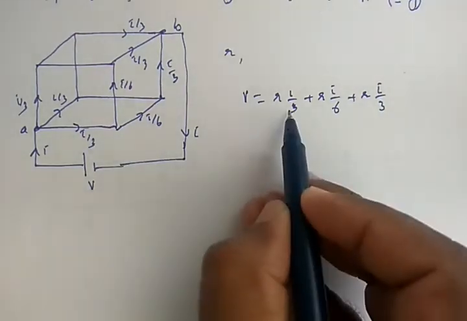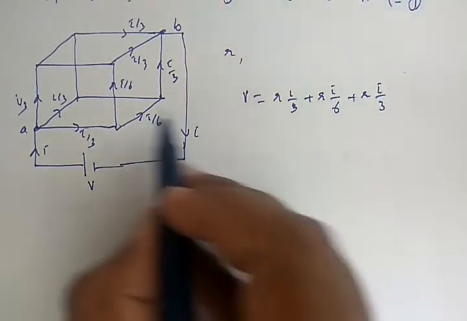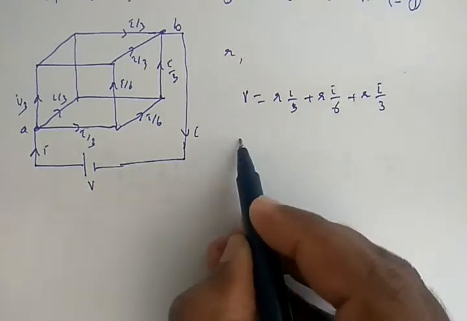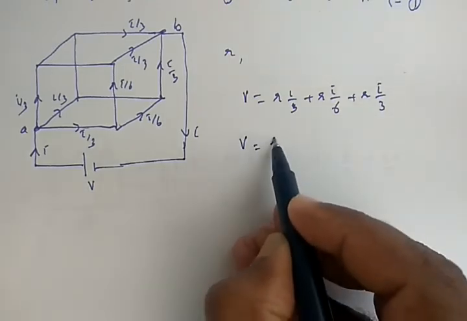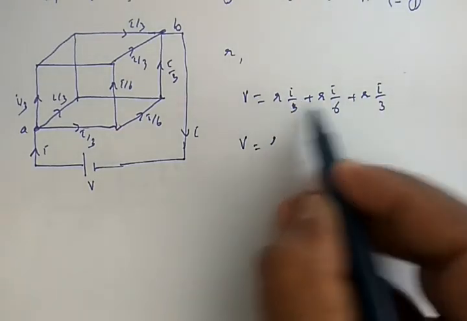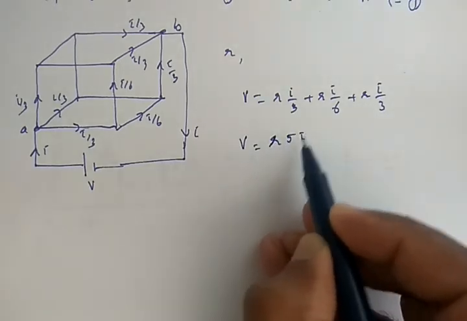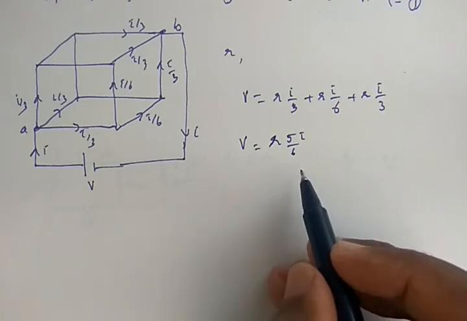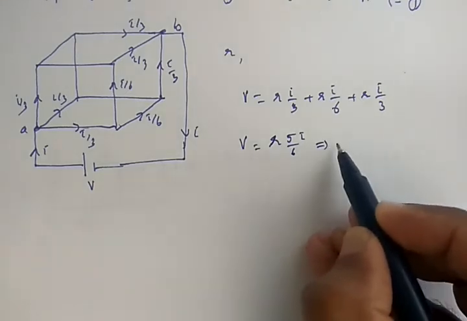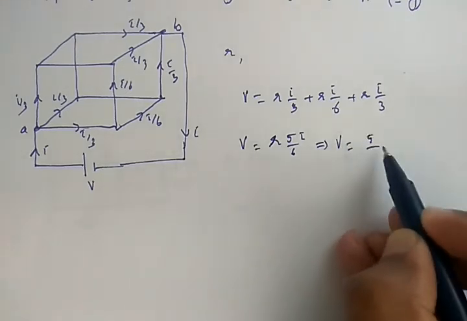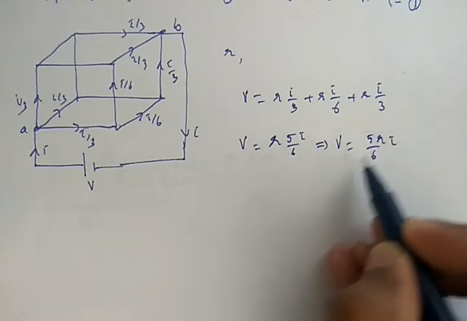Voltage across this one is this, across this one is that, across this one is this one. Then you can write V equals, when you add all these currents, R into 5I by 6. So that implies V equals 5 by 6 RI.